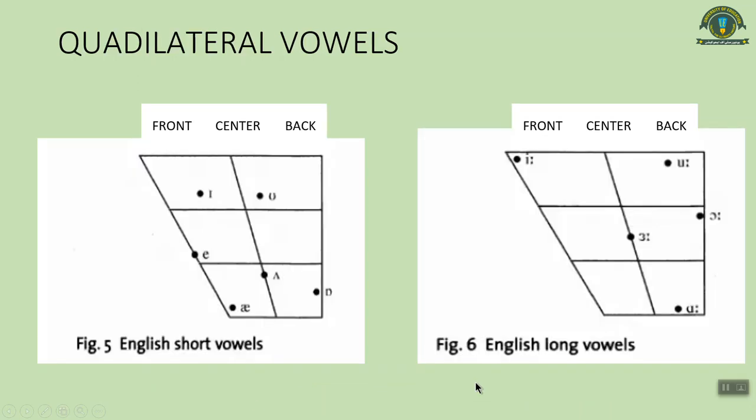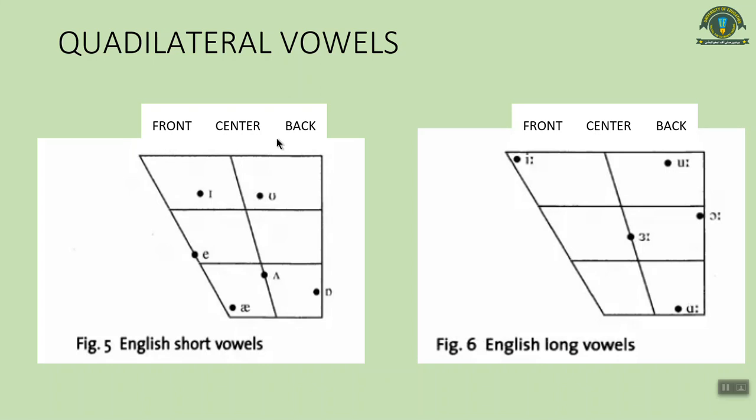Okay, now here we are going to look at vowels inside their quadrilateral charts. These quadrilateral charts tell us about the position of the vowels. These tell us how the speech sounds are produced.